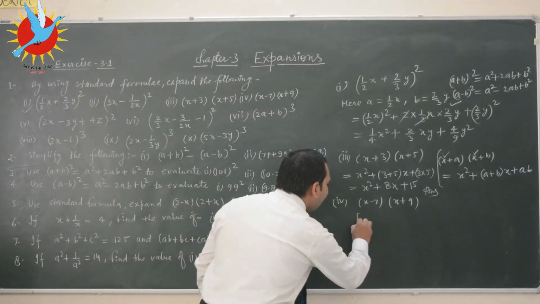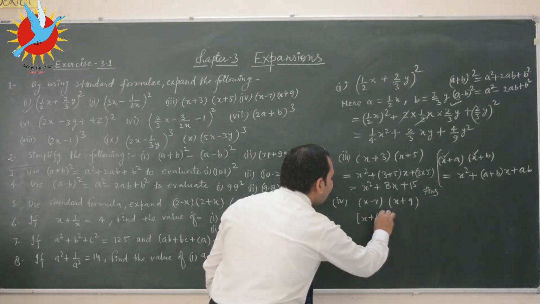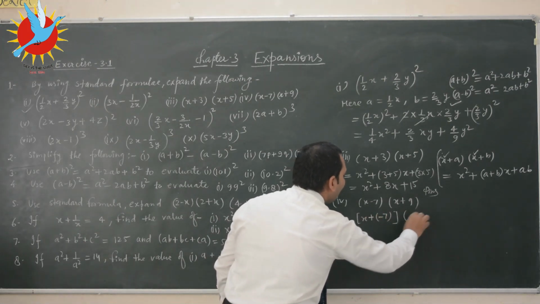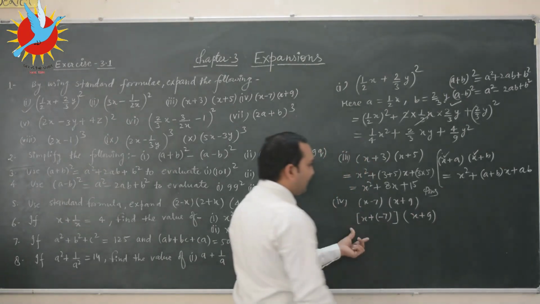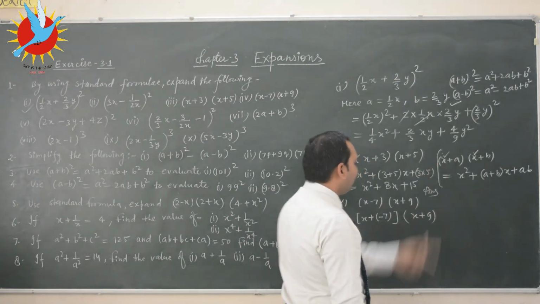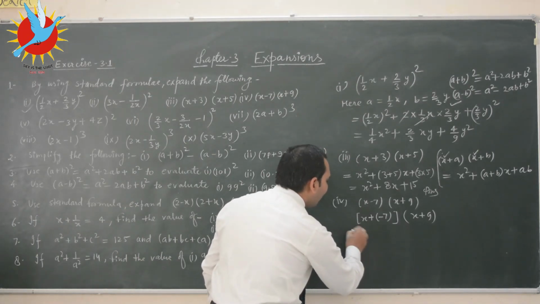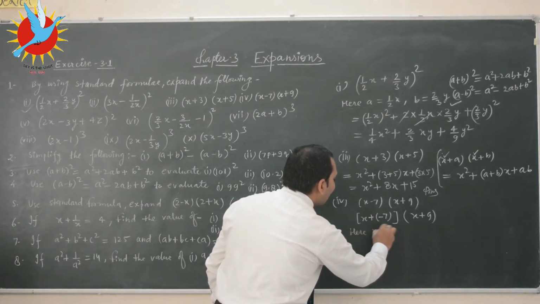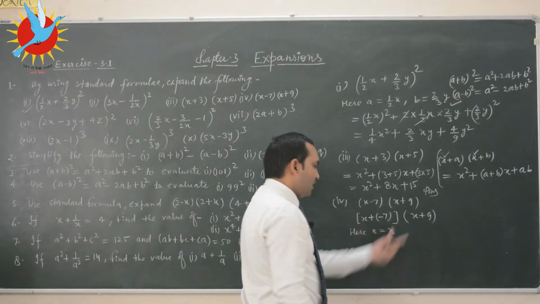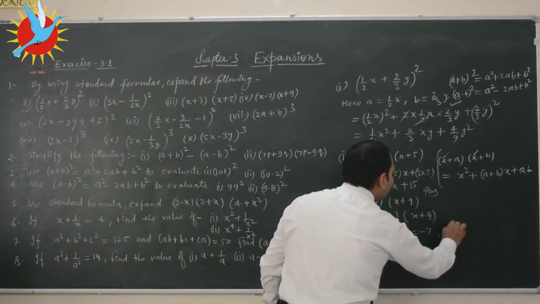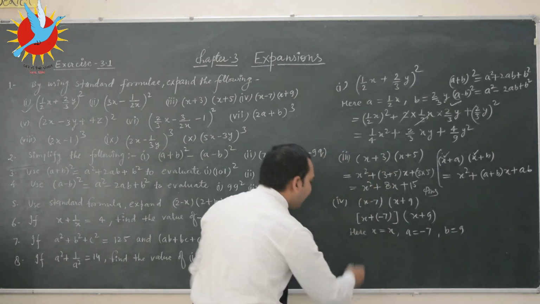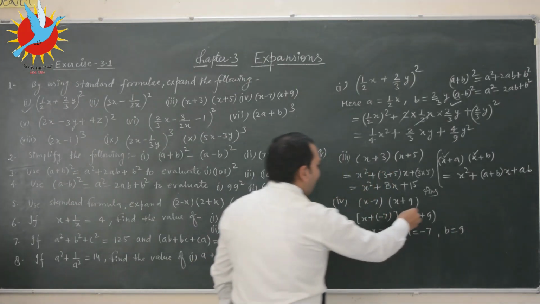So we can write x plus minus 7 into x plus 9. So what is the value of first term? X is equal to same x, and A is equal to minus 7 and B is equal to 9.